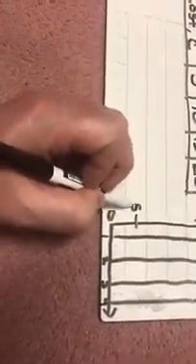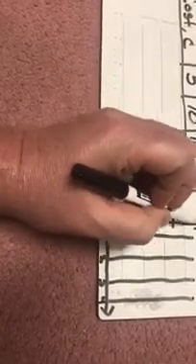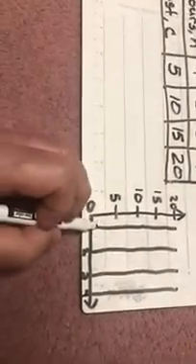All right, and then I will have my cost here, and I'll go 5, 10, 15, 20.